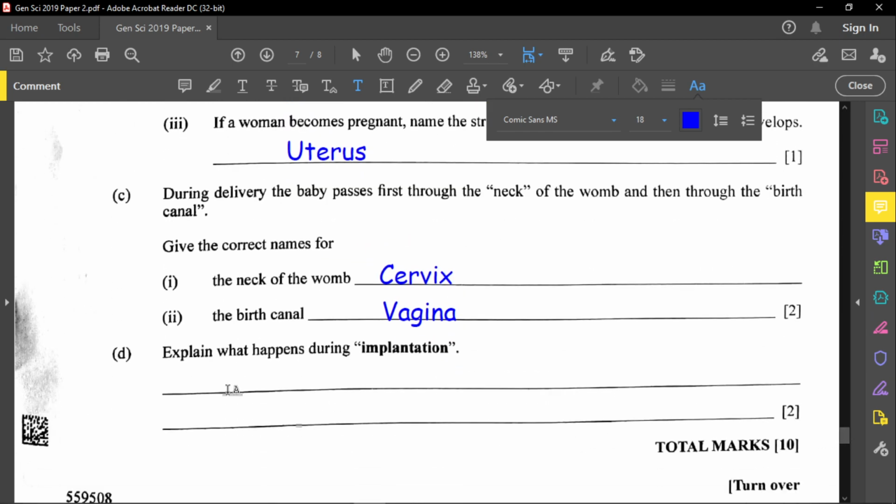All right, so part D now is to explain what happens during implantation. And implantation is when you can say, just start with the fertilized egg.